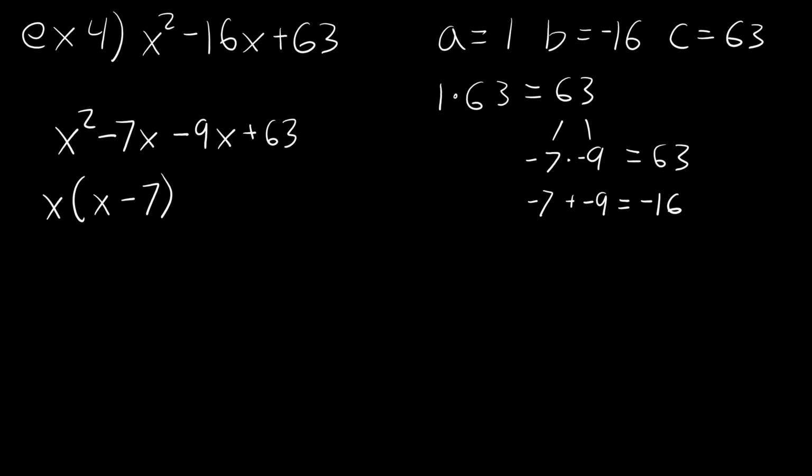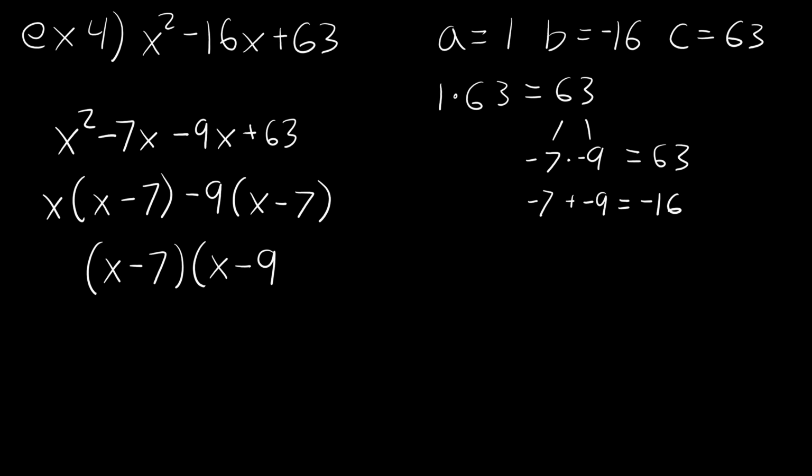Then negative 9x plus 63, we can factor out a negative 9. So negative 9, we're left with x and negative 7. We could factor out now x minus 7, which will leave us with x minus 7, then x minus 9, and that is your answer.